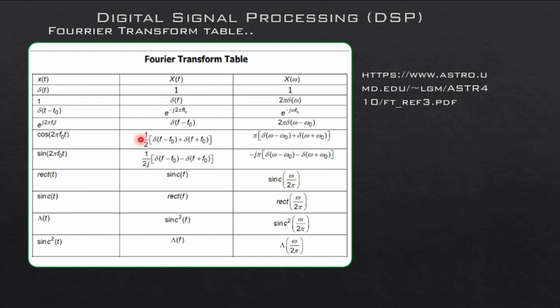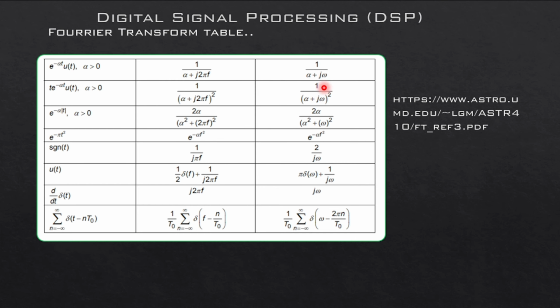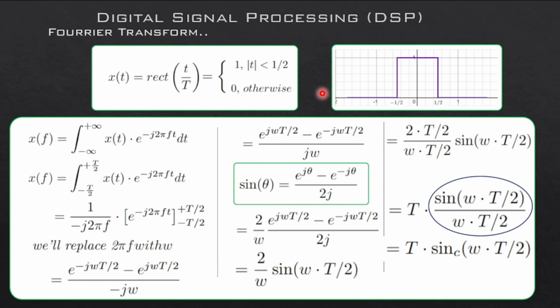So here, instead, 1 over 2 times e^(j omega0 t) plus e^(-j omega0 t), you get delta functions divided by 2. The same thing here. You use them for reference. Let's go now for an example applying the Fourier transform.